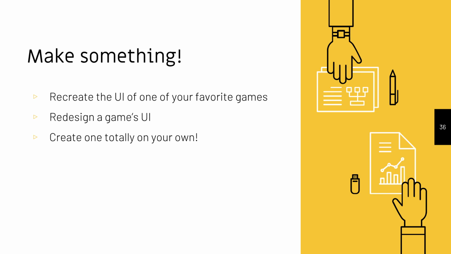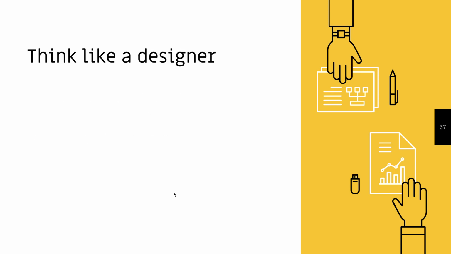Or you can just create a UI totally on your own from scratch using your own idea that you had since you're 3 years old or something. Whatever it is, just make something. And to clarify, recreating or redesigning a UI of a different game, that would be called a case study, and that would be something you would put in your portfolio.